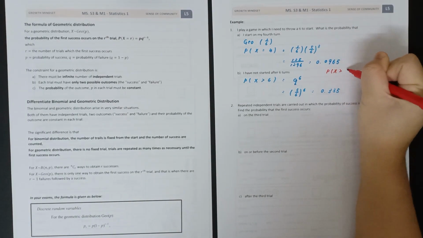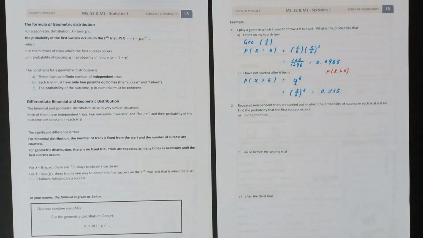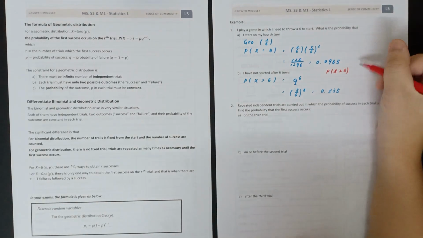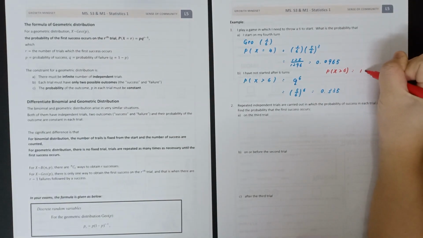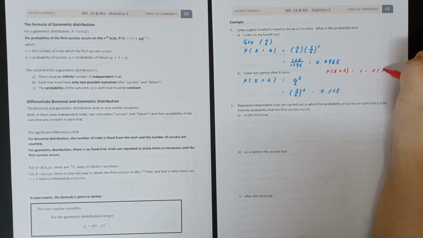The probability for me to not get a 6 after my 6th turn means that my first success happens after the 6th turn, so 7, 8, 9, 10. In this case, I can do 1 minus the probability of x smaller than or equal to 6.